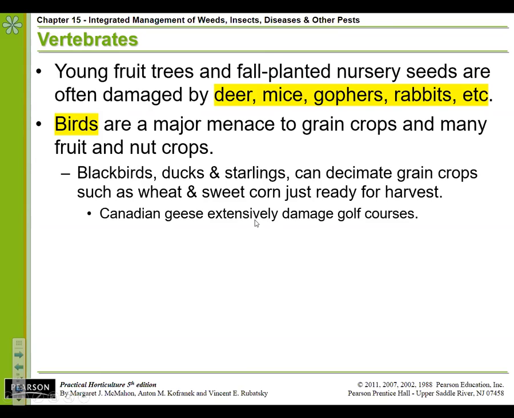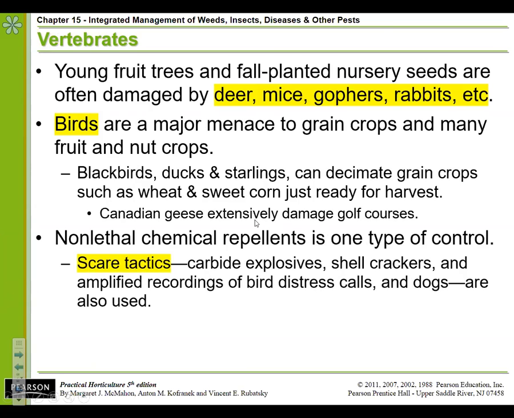Often the prevention of the damage costs less in some cases than trying to control them. So we use things like scare tactics, explosives even in some cases, amplified recordings of bird distress calls. Dogs, anyone? You have a farm dog out there near your crop.